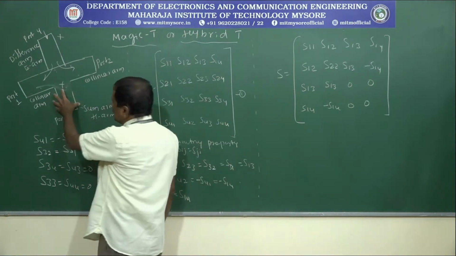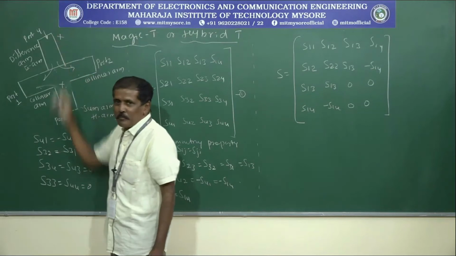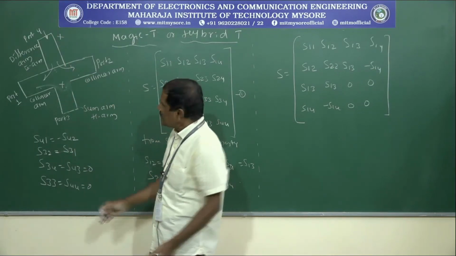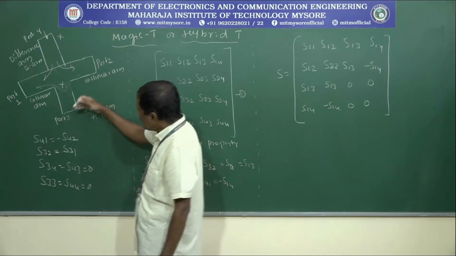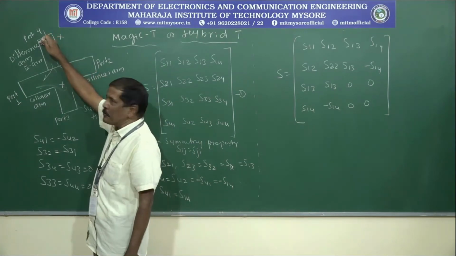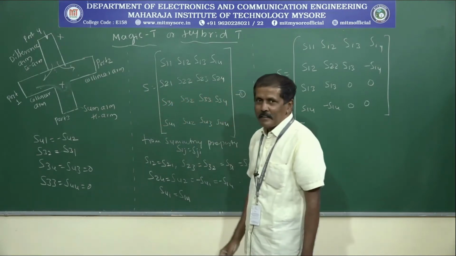I am repeating once again, whenever you apply the signal at either port 3 or port 4, the signal will pass only through port 1 and port 2, and the signal from port 3 is not going to port 4, or from port 4 to port 3.